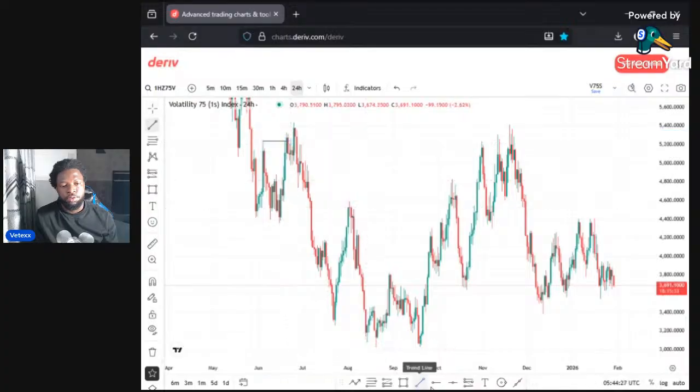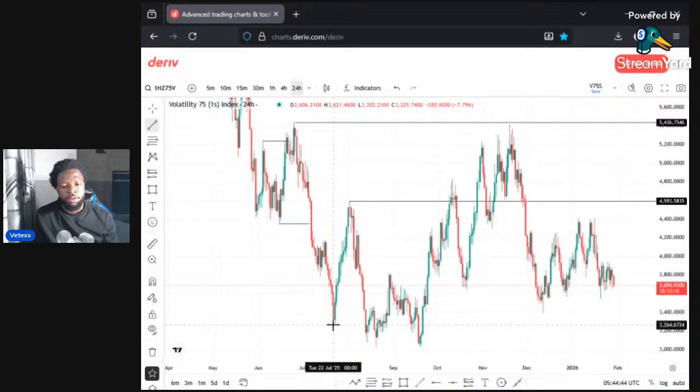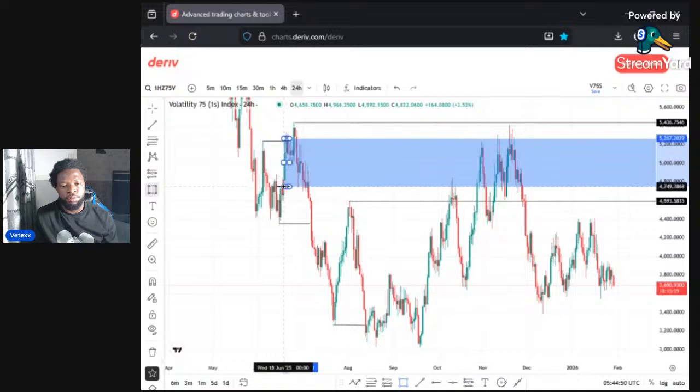Rule number two, we have our first break of structure. Rule number three, price retraces to give us our structural liquidity. This is our protected high. And then we have here the second break of structure. And this becomes our point of interest.